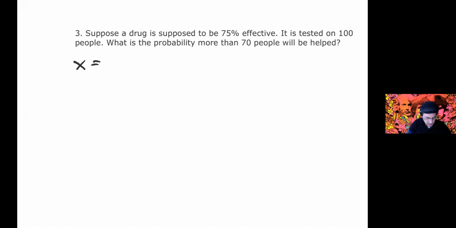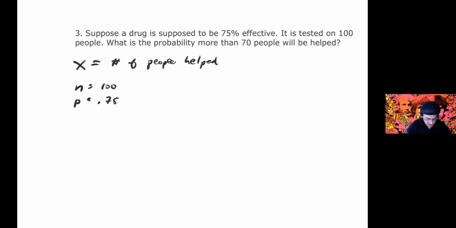So let x be the number of people helped by the drug. This is roughly a binomial random variable where n is 100 and p is 0.75.